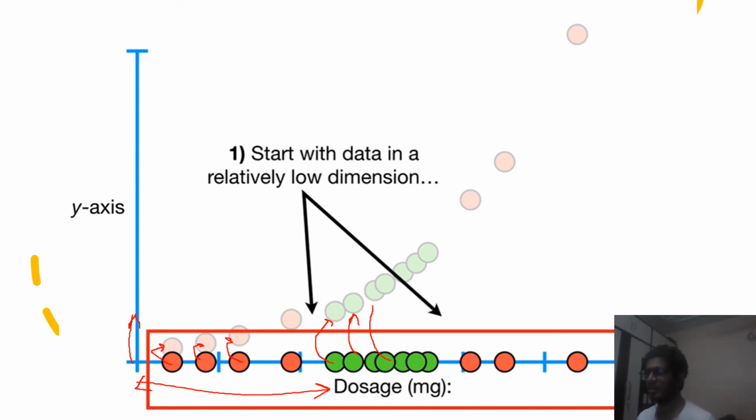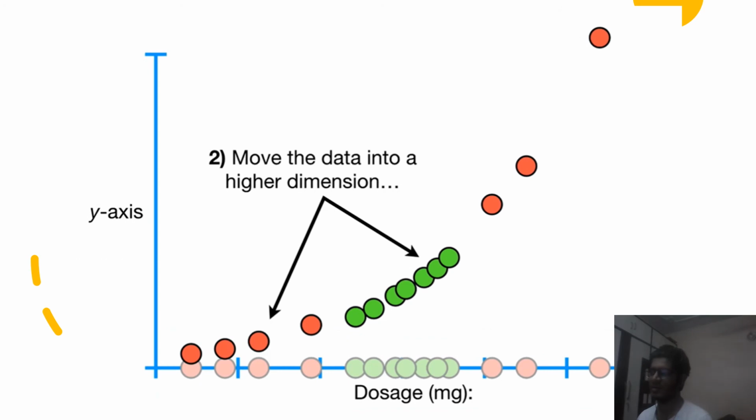And all of these data points, when they get squared, we find that they become something like this, right? So now we can see that it has moved to a higher dimension, and it is now easier for us to classify the points into obese and not obese, right?